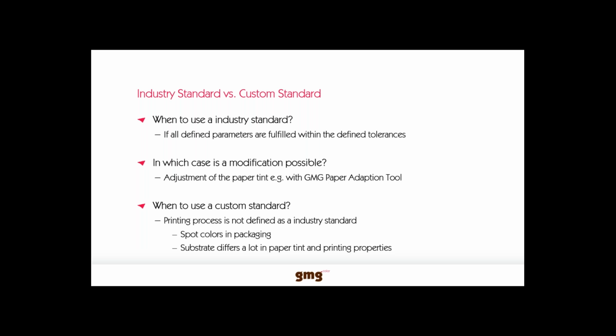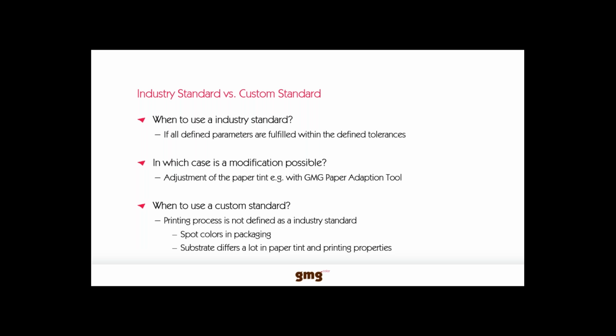If you print, for example, like defined in ISO 12647-2 for offset printing, and all parameters like TVI, solids, paper tint, and paper class correspond to the standard, then you can use an industry standard.